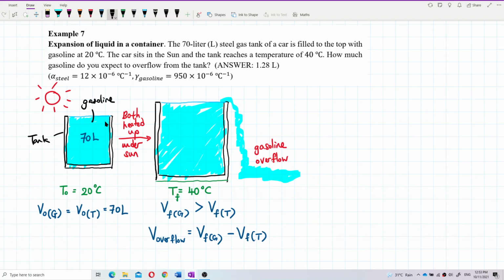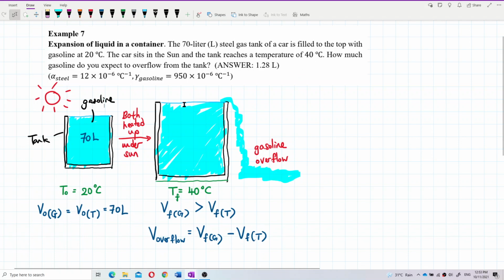Both the tank and gasoline are heated up under the sun, so both will expand. But we know that gasoline expands faster than the steel tank. Initially the temperature is 20 degrees Celsius, and both get heated up to a final temperature of 40 degrees Celsius.